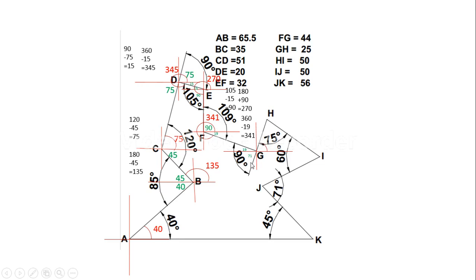Now, according to the third similarity, that is, vertical angles are equal, if this is 71, this is also 71. See this black line and this red line: these two angles are vertical, and vertical angles are congruent.